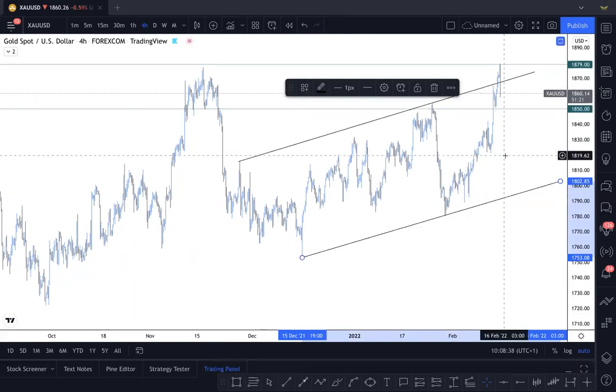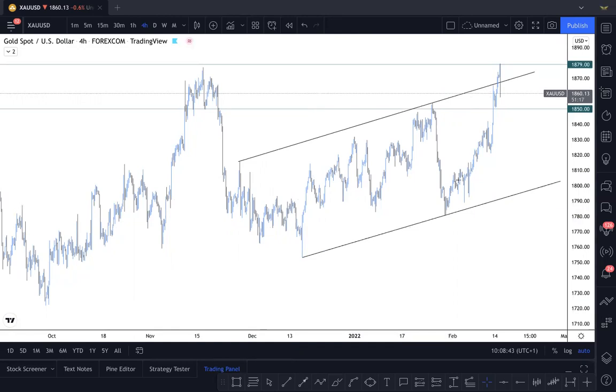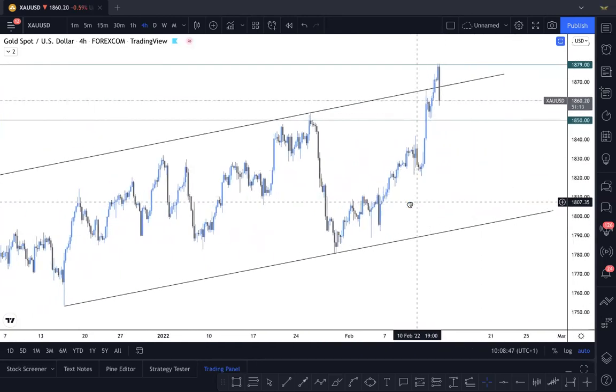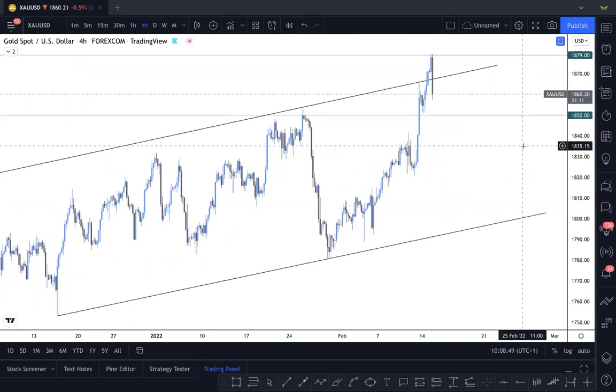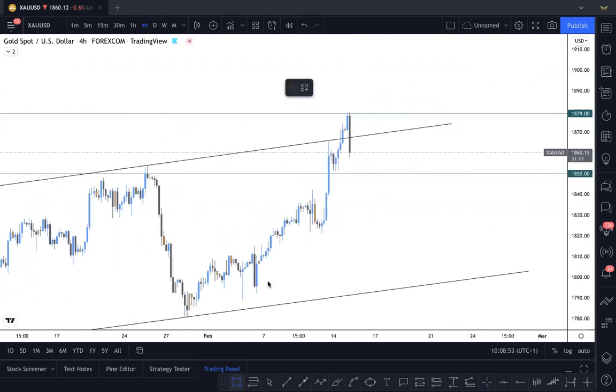So we should look for a new lower high coming into place, right? There's a strong bearish engulfing.